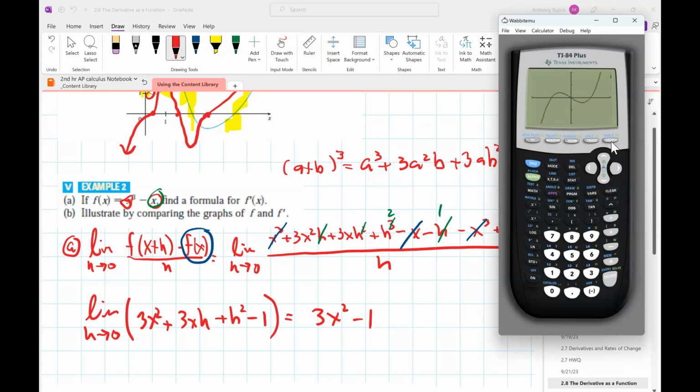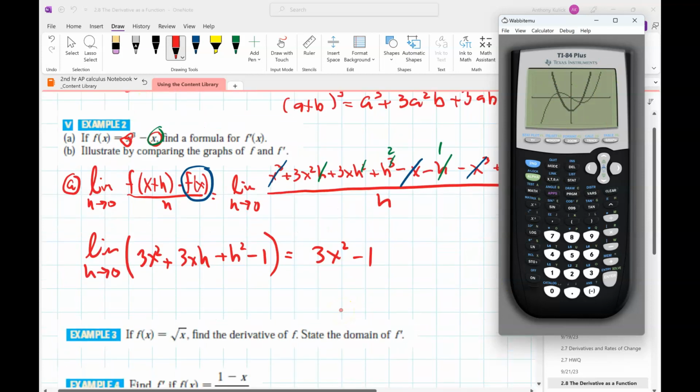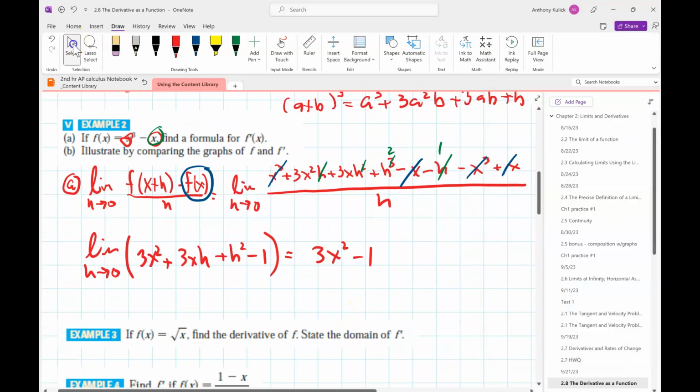So there's f of x. There's f prime of x. Notice at the maximum, the derivative is 0. At the minimum, the derivative is 0. Where we're increasing, the derivative is positive. Where the function is decreasing, the derivative is negative. And where it's increasing again, the derivative is positive. That's the takeaway. Everybody's cool? Okay.